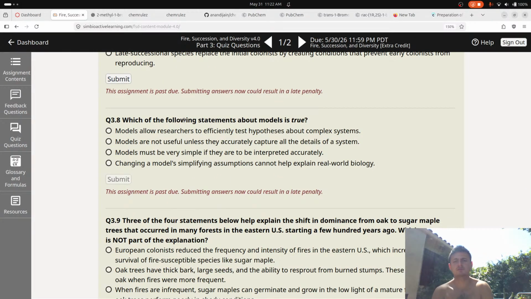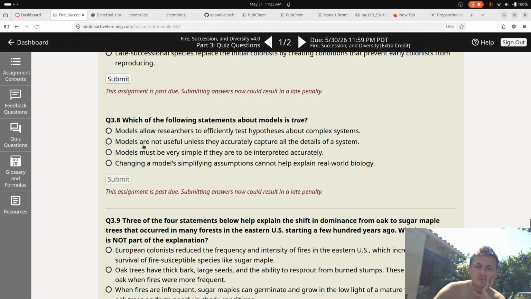Which of the following statements about models is true? It's either between one or three.